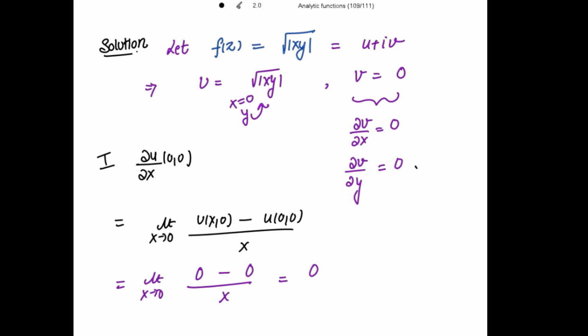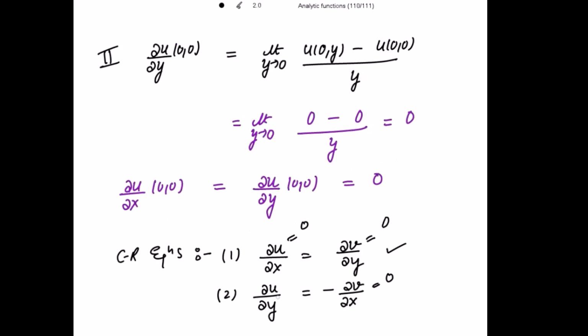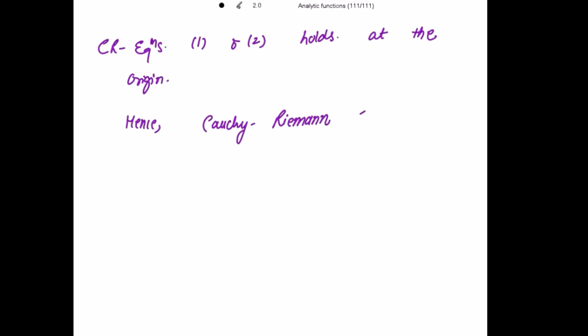Similarly, the partial derivative of v with respect to x is 0 and the partial derivative of u with respect to y is also 0. So both equations 1 and 2 hold at the origin. Hence the Cauchy Riemann equations are satisfied at the origin.